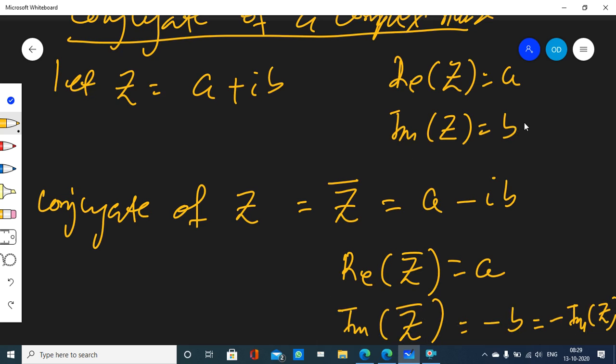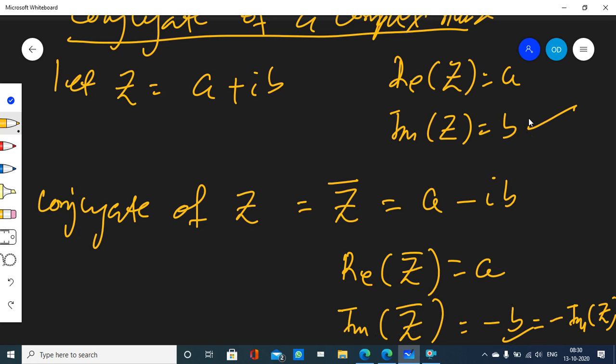The imaginary part of z conjugate is minus b, which is the negative of the imaginary part of z. You see, the imaginary part of z was b, but now the imaginary part of z conjugate is minus b. You just multiply by minus with the imaginary part of z to get the imaginary part of z conjugate.